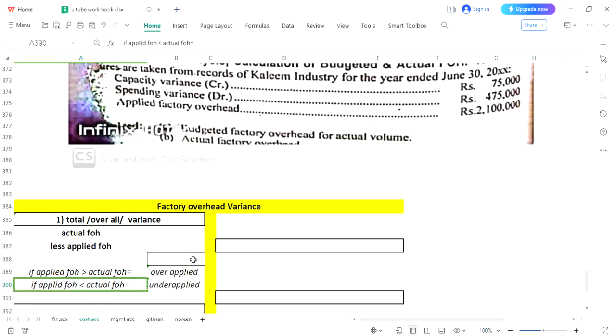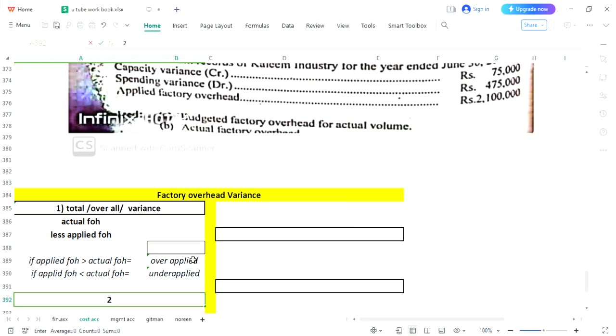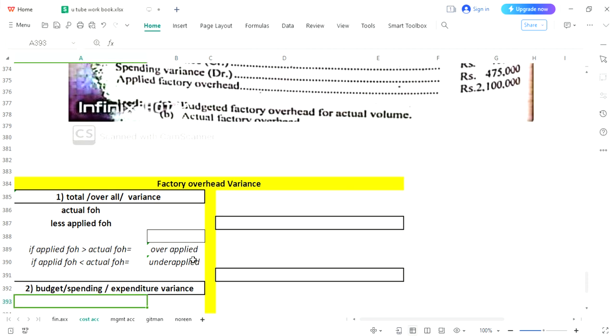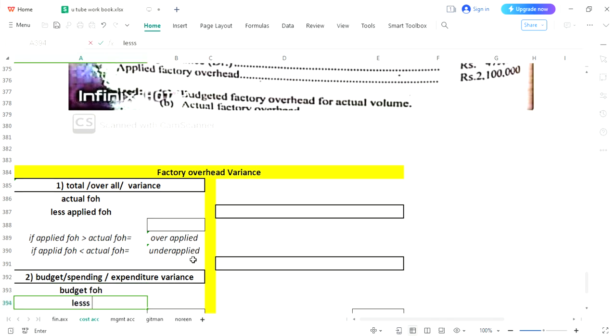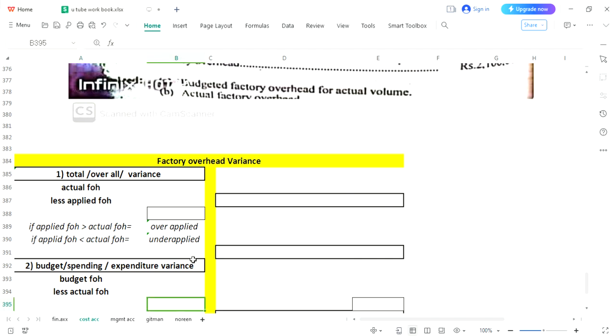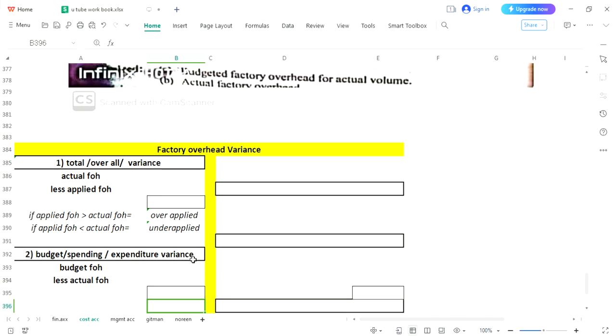The second variance which you will calculate is the budget or spending variance, or expenditure variance, also considered as budget variance. The relationship is between budget and actual FH, so you will write budget FH and then actual FH would be written over here. Finally, you will calculate your variance. At this stage, variance is the difference between budget and actual FH. After which you will conclude by focusing upon your actual FH.